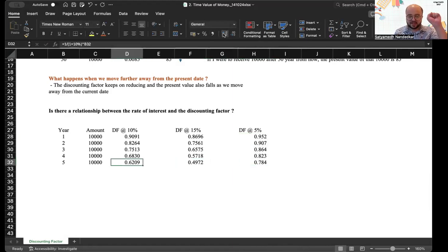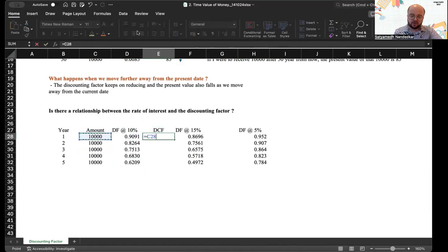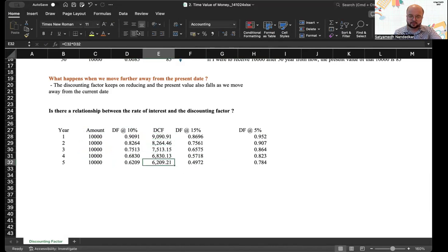Now, I have my discounting factor values. What I want to do is let me see what is my discounted cash flow. Discounted cash flow in this case would be the amount of cash flow into my discounting factor.